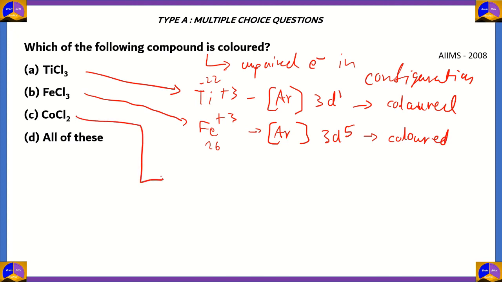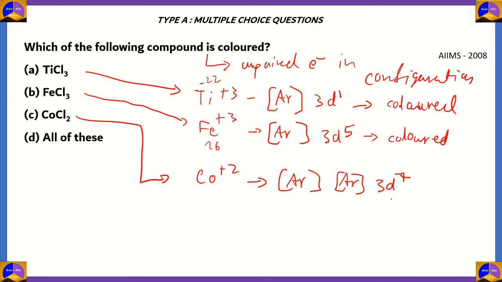The final option, option C here, is CoCl2, so that means you have Co2+ as the cation. In the cation, you will have argon and then 3d7 as the configuration.